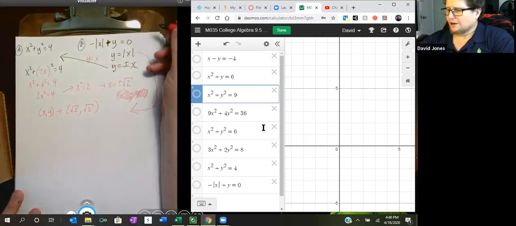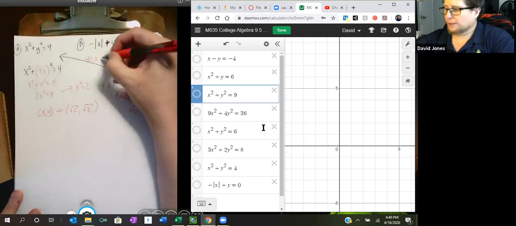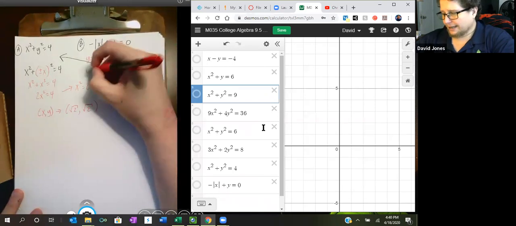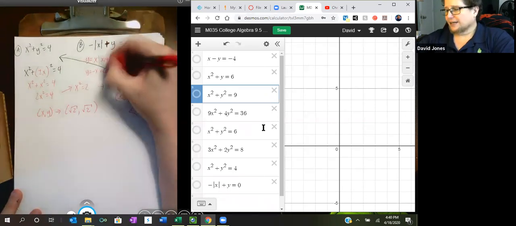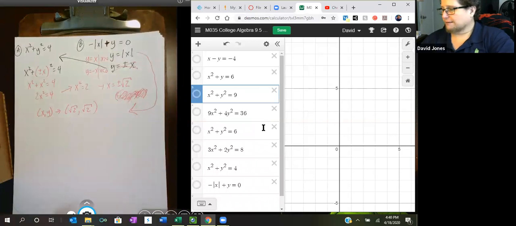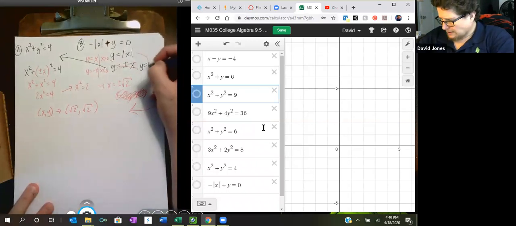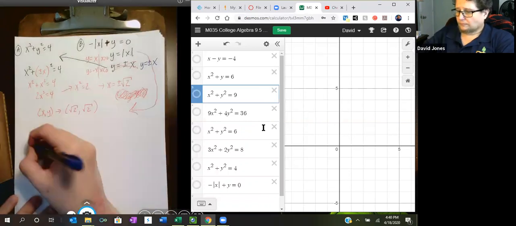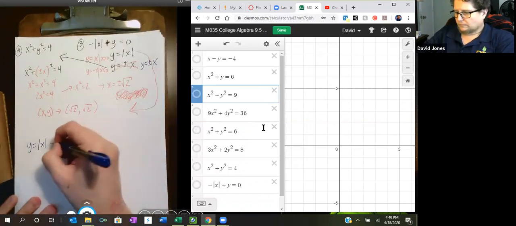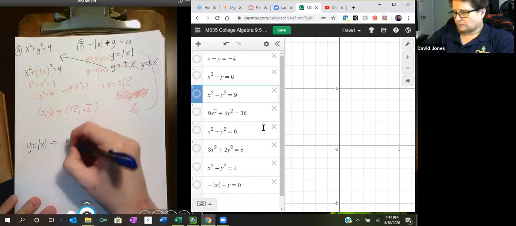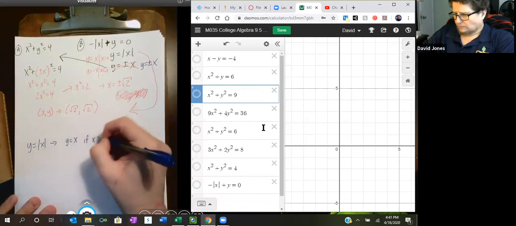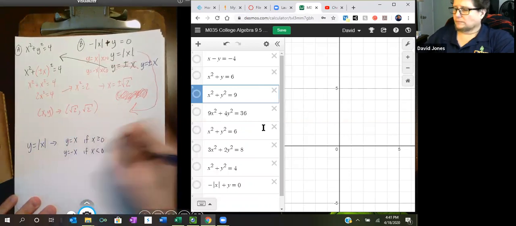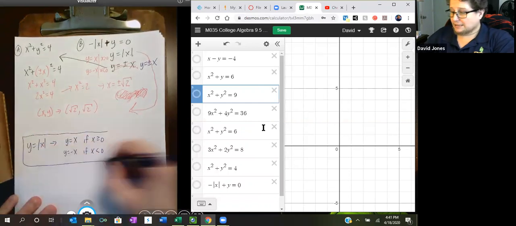Well, that's when x is positive. When x is negative, we got y is negative x. So yeah, y equals plus or minus x is the correct way to write it. But it's a split system. That's what that means.